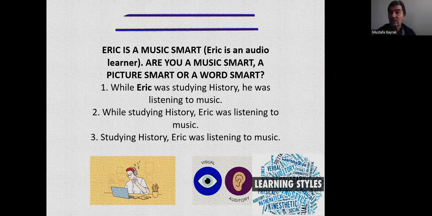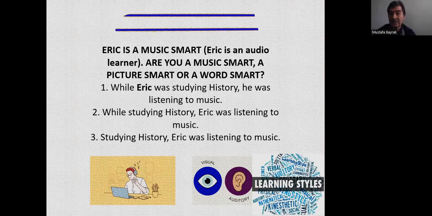When was he listening to music? While studying history. Yes, this is called an adverb, because it is the answer of the question when. So it is an adverbial clause of time.